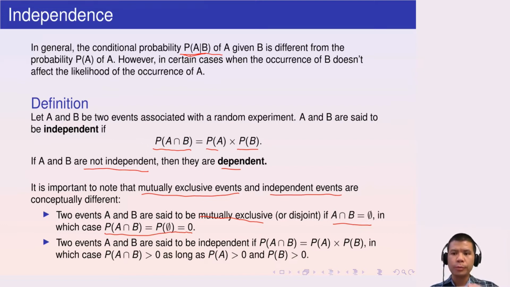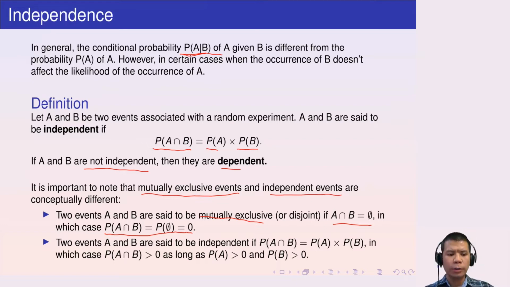So the occurrence of one event affects the probability of the occurrence of the other, because if one occurs, the probability for the other event is going to be 0. So be careful on that. These are mutually exclusive events, or disjoint events.